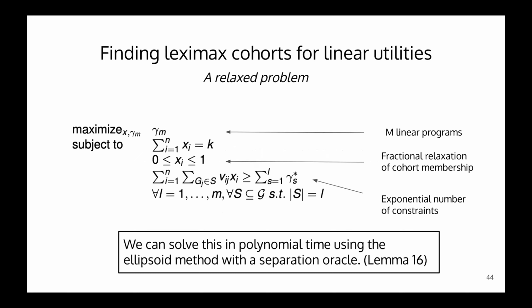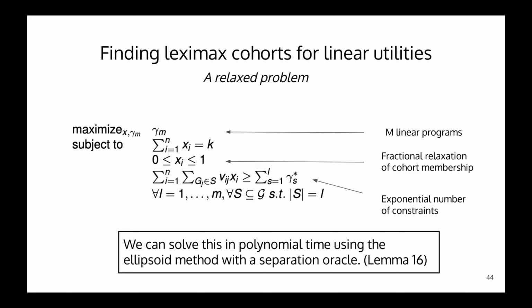And so what we get is a distribution over how likely each individual is to be in the cohort, and we can sample over that. The key here is that we maximize the utility that sums of groups achieve sequentially. So we first maximize the worst off, we first maximize the utility of a group across all groups, and then we maximize the utilities of groups of two across all groups, and so on and so forth.